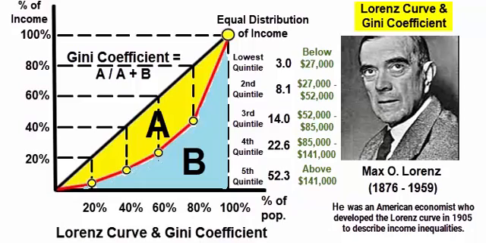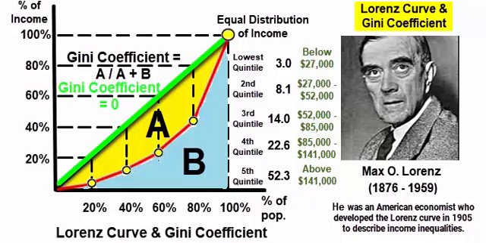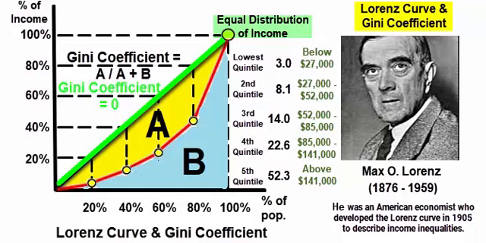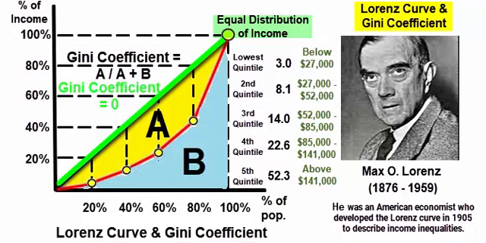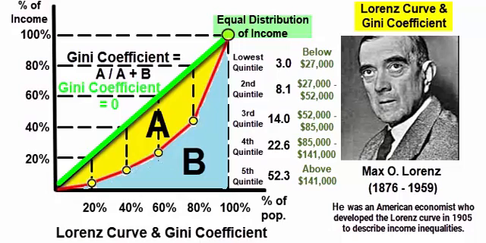If the Gini coefficient is equal to 0, this means there is complete income equality, or equal distribution of income or wealth. The closer the Gini coefficient is to equaling 0, the more equal the distribution of income or wealth.